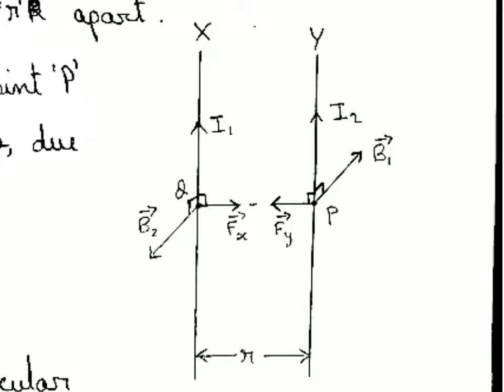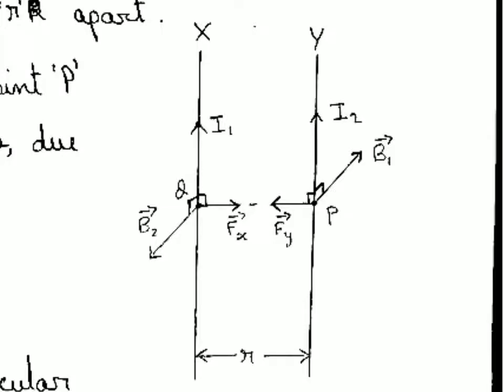Similarly, the conductor Y will produce a magnetic field B2 around it, and the conductor X will be in the magnetic field produced by the conductor Y, which is B2. So X will be inside the magnetic field B2.